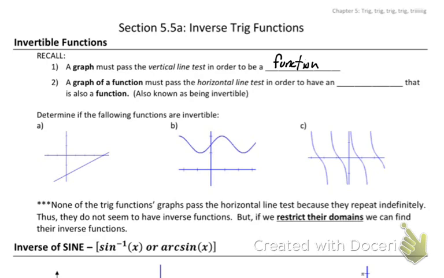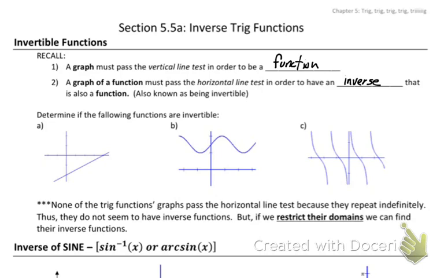The big thing is a graph of a function must pass the horizontal line test in order to have an inverse that is also a function. These types of functions are called invertible, where it is a function and its inverse is also a function. Well, if we look at A and we do a horizontal line test, it works just like the vertical, except horizontal.